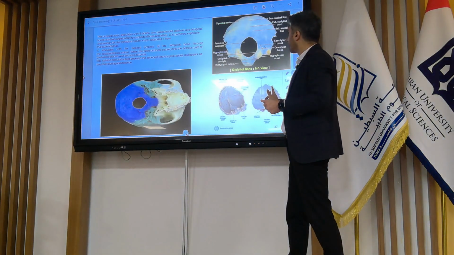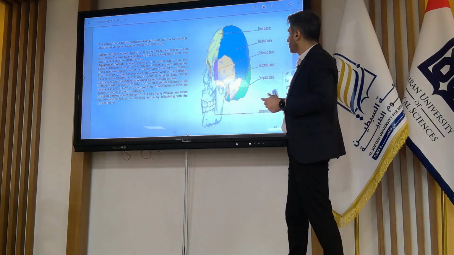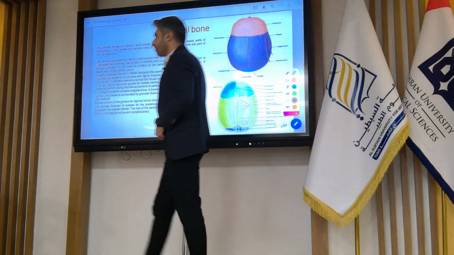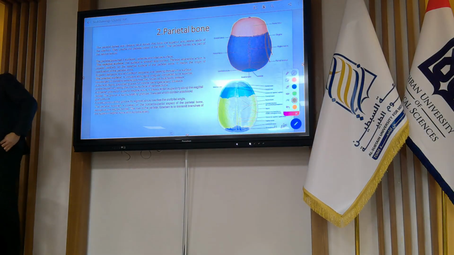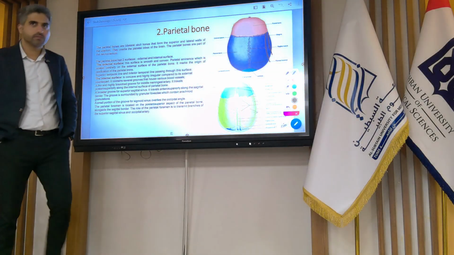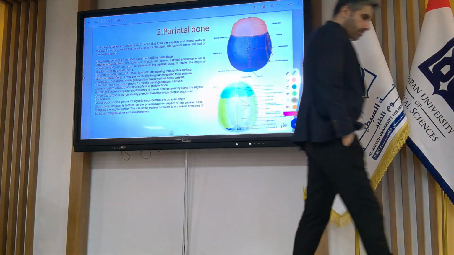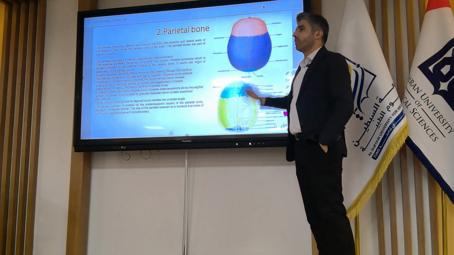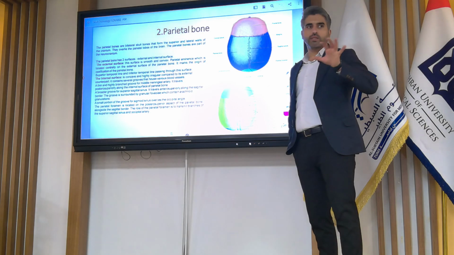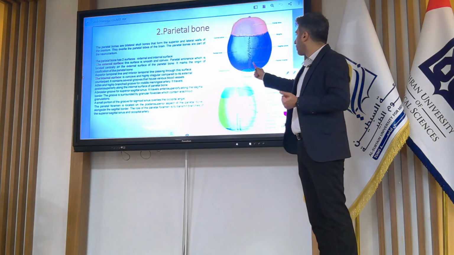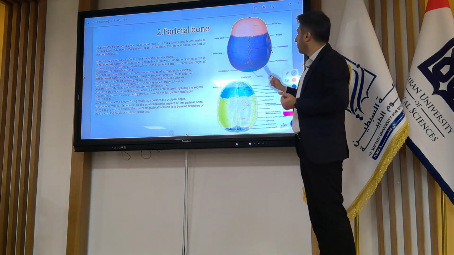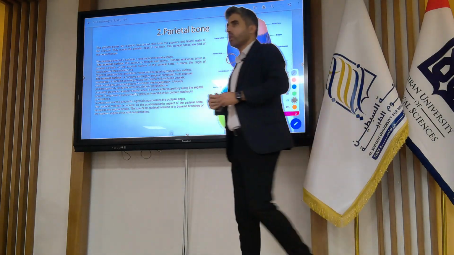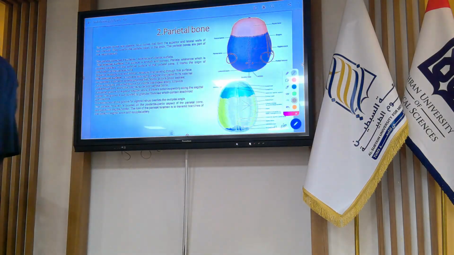So these structures you can see from outside of the parietal bone: parietal foramen, superior temporal line, inferior temporal line, and parietal eminence or parietal tuber. These are the structures. Let's see inside of the parietal bone.